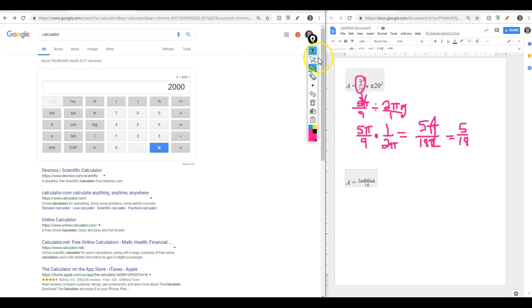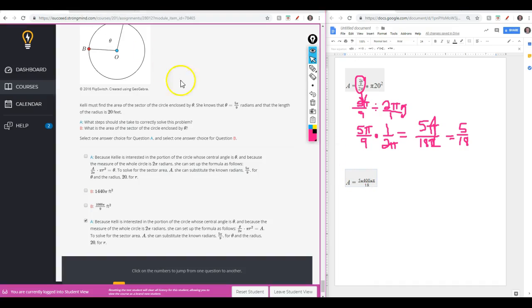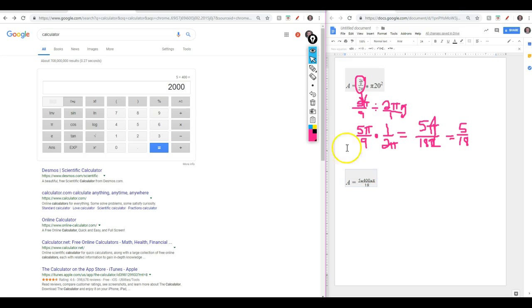They both have a factor of 2 in it. This is 2,000. So I'm going to rewrite 2,000 as 2 times 1,000, and I'm going to rewrite 18 as 2 times 9, and reduce out this factor of 2 because 2 divided by 2 is just 1.